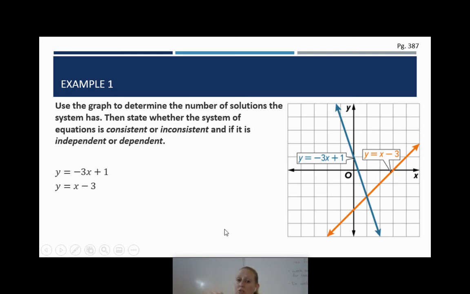Remember, we said we have one solution, infinite solutions, or no solution at all. Start by determining how many solutions we have. Then, once you've decided that, state whether the system of equations is consistent or inconsistent, and if it's independent or dependent. It might not be some of those, and that's okay. Hit pause, work your way through this, and then hit play when you're ready to check your work.